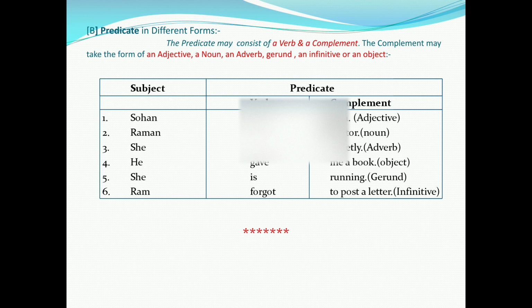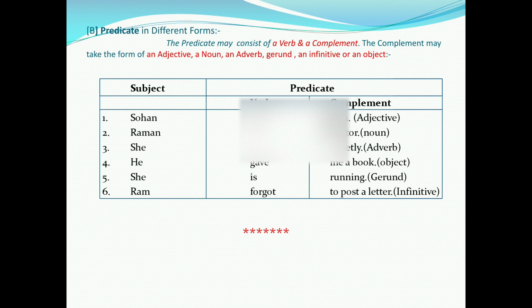Sohan is slim. Here Sohan is the subject. The verb is a simple helping verb is, and it is combined with a complement that is slim. It is an adjective word. This is a predicate. Verb and complement जब combined होके आते हैं तो वो एक predicate का नाम धारण करते हैं, वो predicate का part होते हैं.